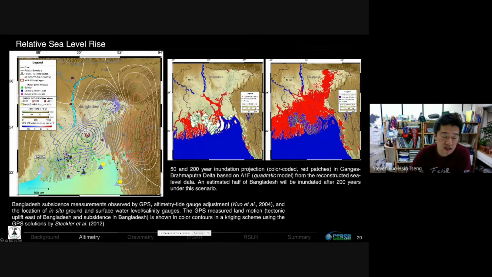You can see that in the capital Dhaka, they have about 1.2, sorry, this is in units of millimeters, so 1.2 centimeters per year of sinking, and near the shore it is about 5 millimeters of sinking. So actually, the rate of land sinking is usually much higher than the sea level rise.